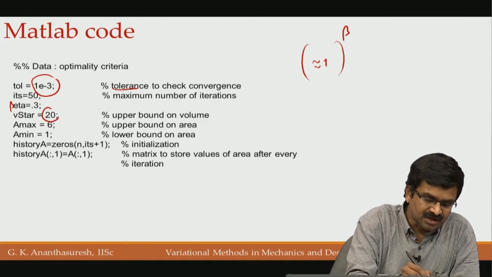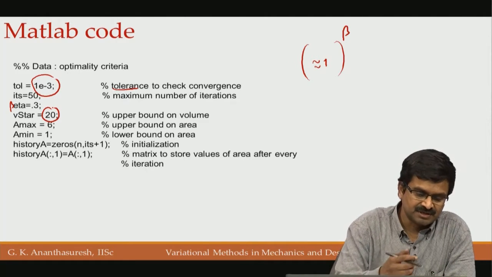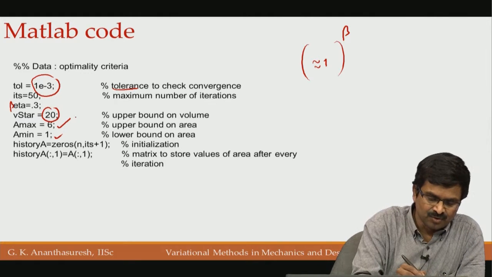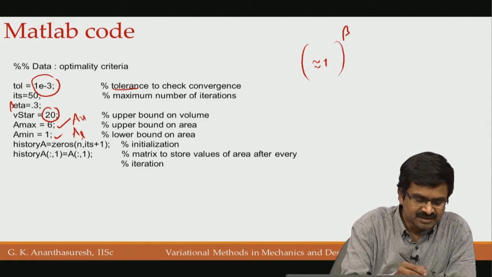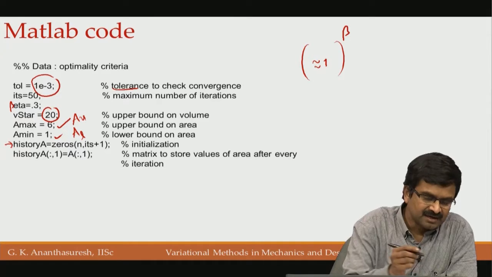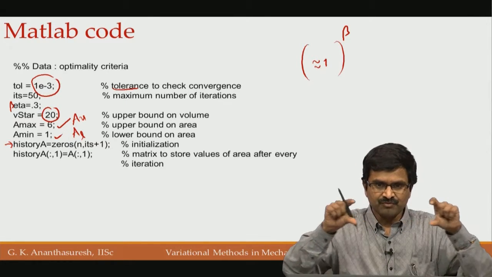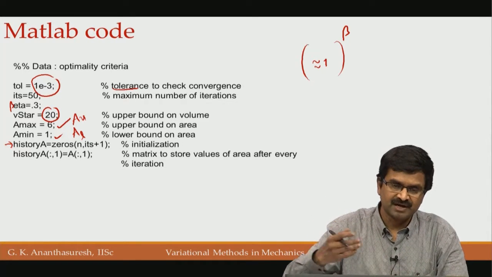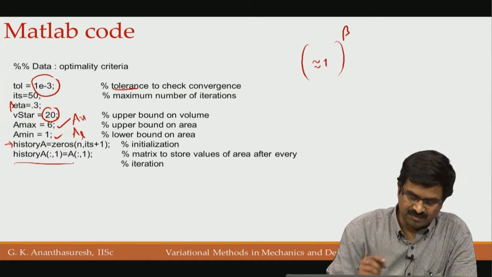And then V star is 20 units, units you can put whatever, these are just numbers here, and AL and AU are here, this is AU upper bound and AL which is lower bound. And then history A, basically it stores everything, you can see how the bar, we start with a uniform bar, how the shape changes, we can see the figure file to see how optimization is being carried out, and those are the commands here.